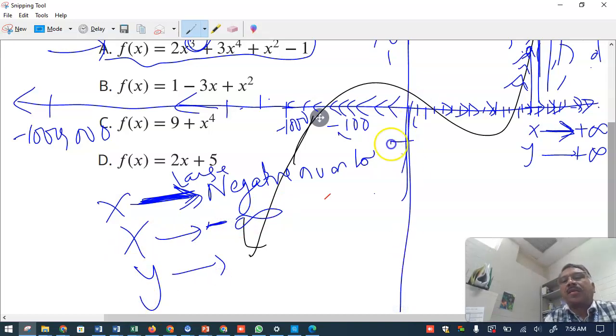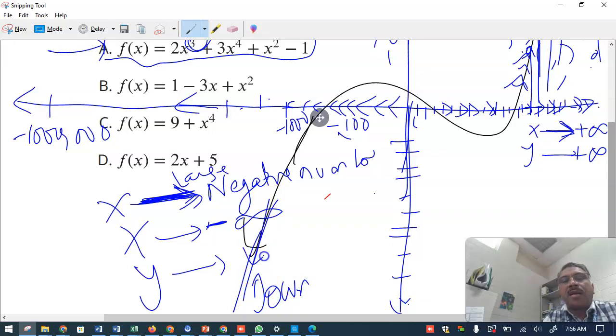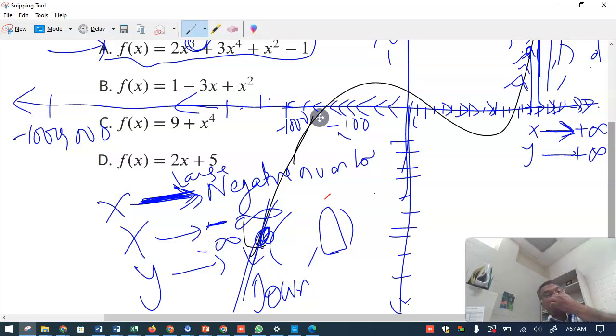Can you see? These are like minus 10, minus 100, minus 1000 and so on. The graph goes down, and the y coordinate of each point becomes a very large negative number, minus infinity. So this is the understanding of the cubic polynomial.